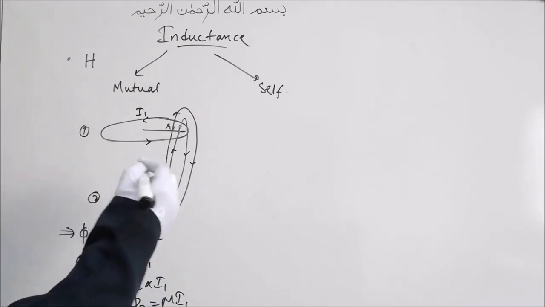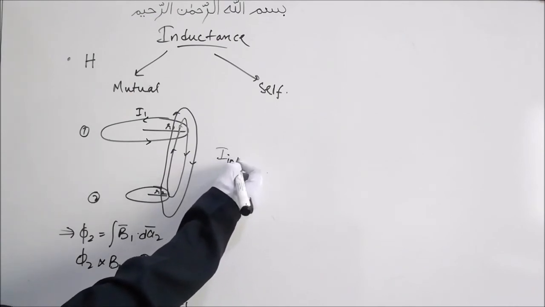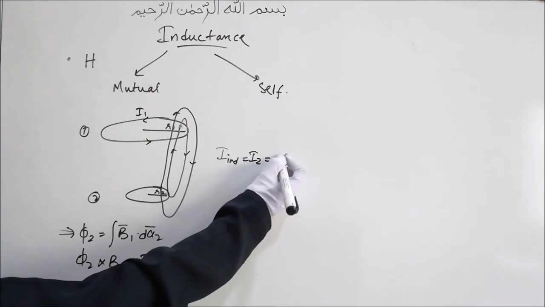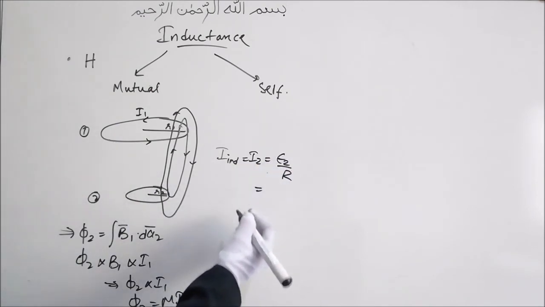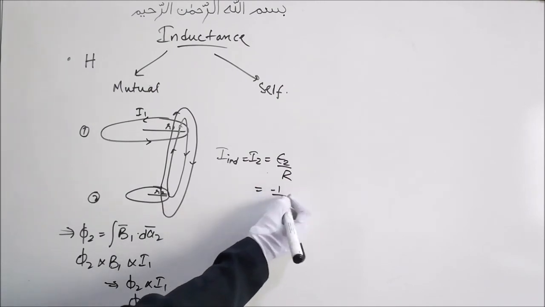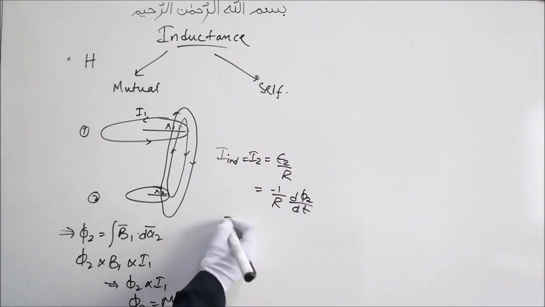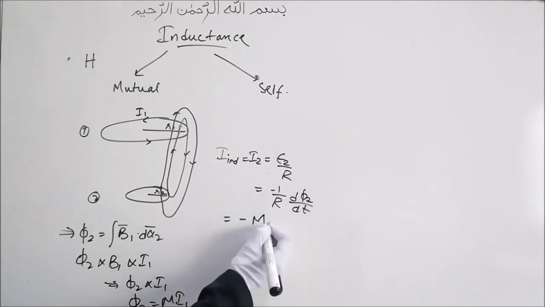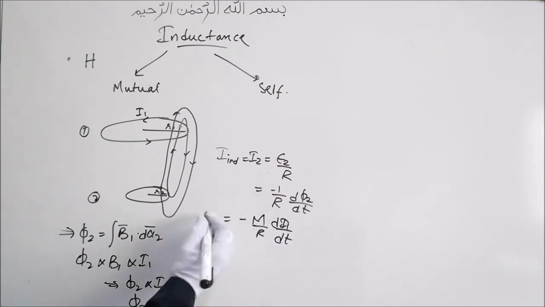Now, the current induced in the second coil, let's call it I2, will be equal to the EMF in the second coil divided by the resistance of the second coil. That is equal to minus 1 by R, d phi 2 by dt, which is equal to minus M by R, dI1 by dt.